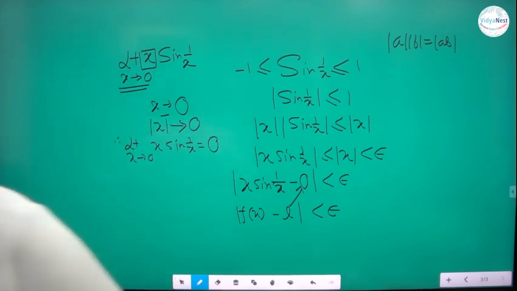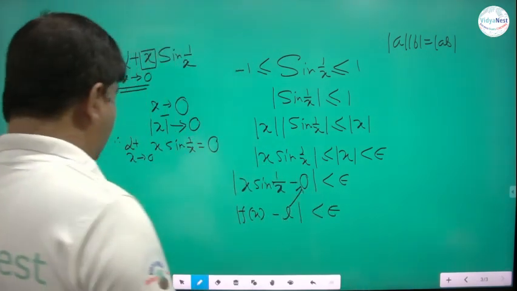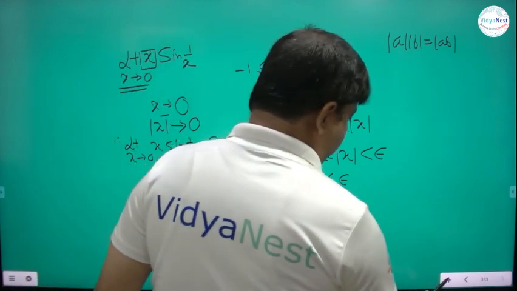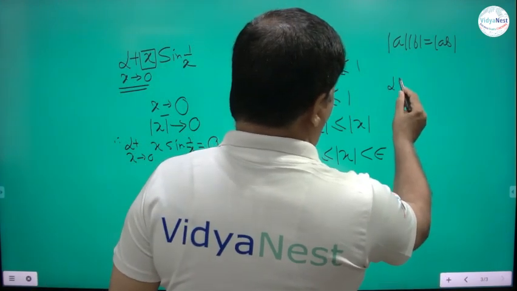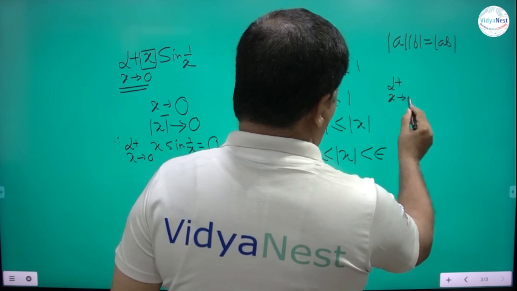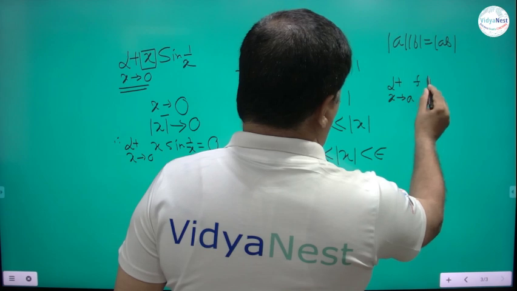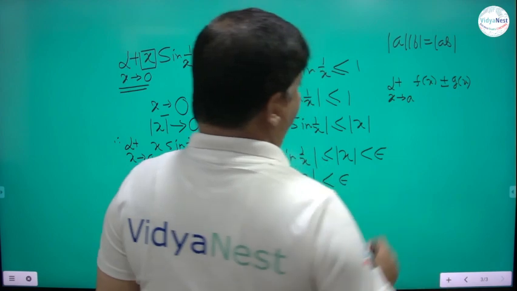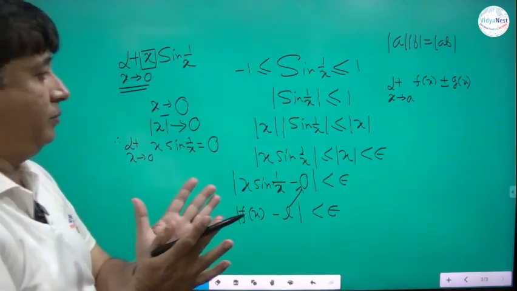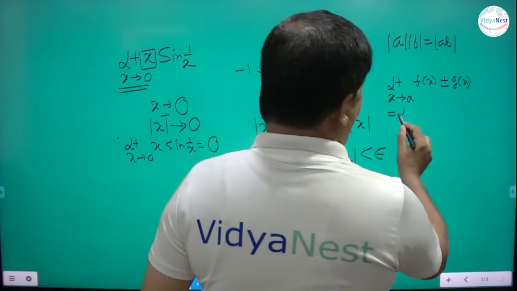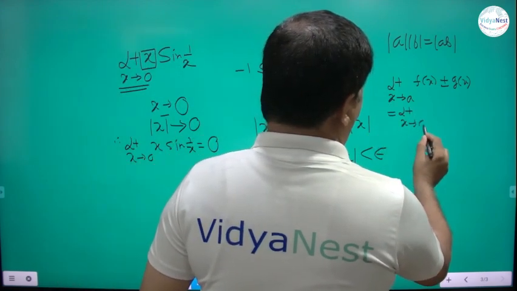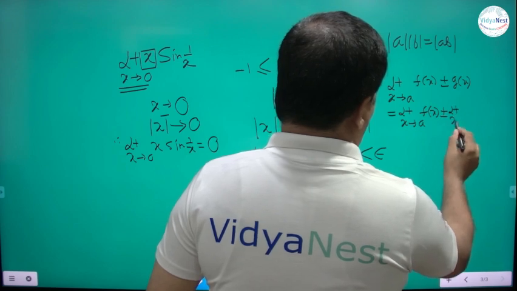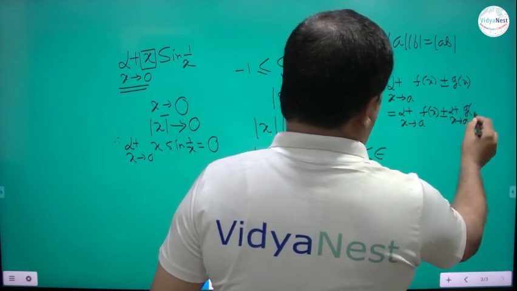Okay. Now, when you do limits, always remember one thing. Suppose you have the limit of two functions which are in additive or subtractive form. You can split them into two parts. It is a basic concept.